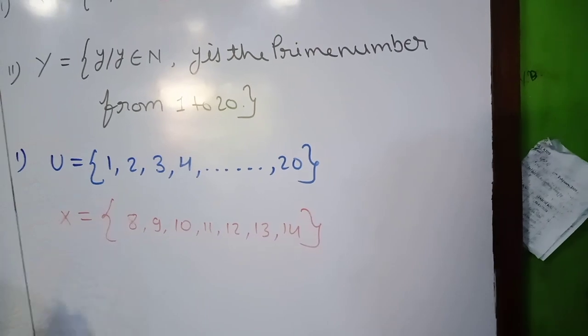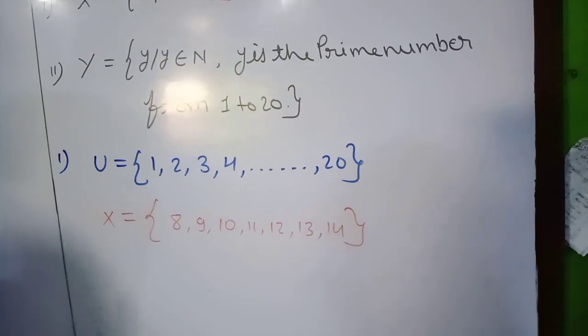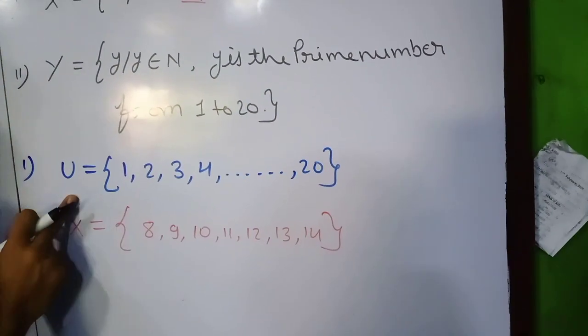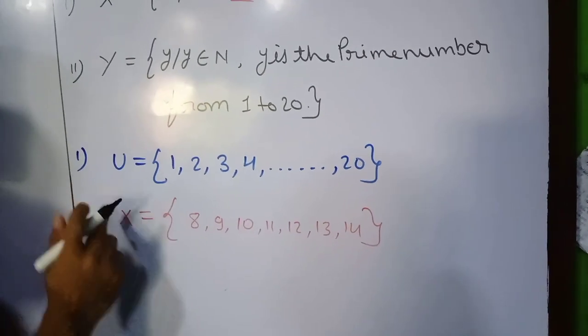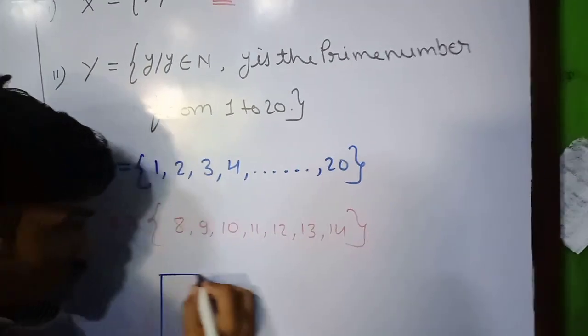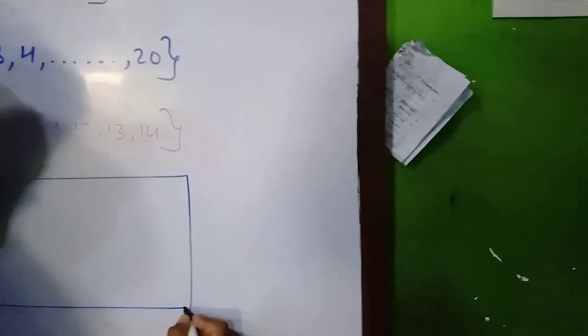Now these two we have to show by using a Venn diagram. As we learned, mostly we use a rectangle for the universal set.